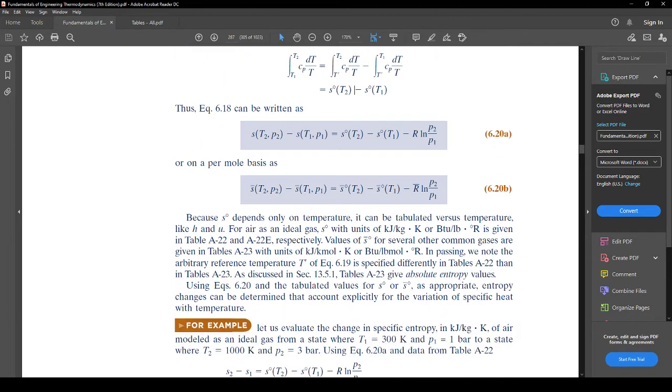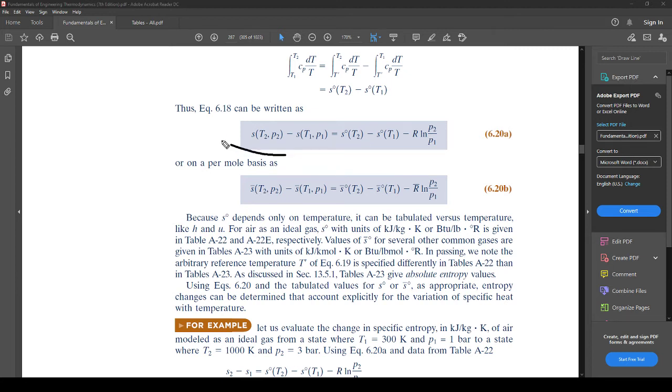And so then you do another little addition into this equation, and you get this. That equation, the one we talked about for 6.18, can be rewritten as the following. You have delta S is equal to S absolute at temperature 2 minus S absolute at temperature 1 minus R ln of P2 over P1.